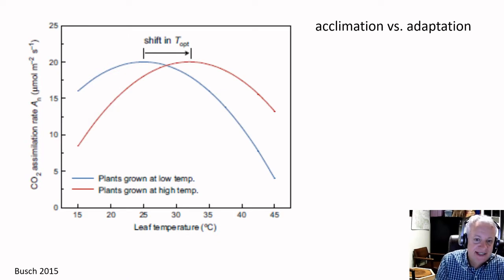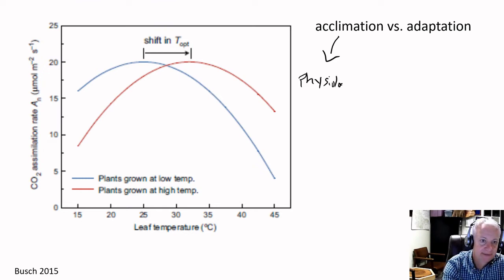Now, when we think about temperature responses of photosynthesis, certainly they're not static. The temperature optima of the response to photosynthesis can change. And there's sort of two kinds of changes that might occur: acclimation or adaptation. Acclimation refers to a physiological adjustment.